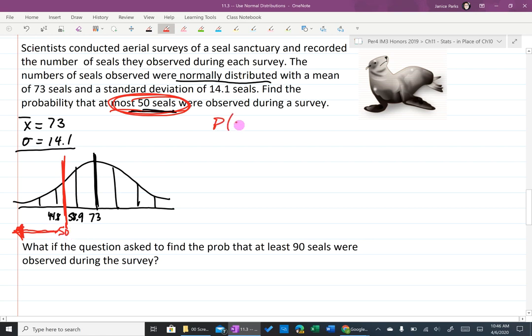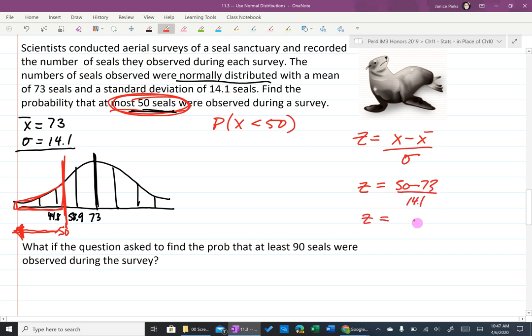So the probability that X is less than 50: we do the z-score first. The z-score, again, is X minus the mean over the standard deviation. So 50 minus 73 divided by 14.1.